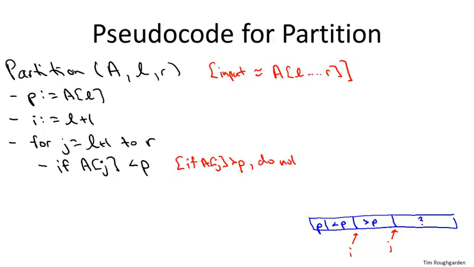And if it's not, we actually don't have to do anything. So let me just put as a comment, if the new element is bigger than the pivot, we do nothing. Of course, at the end of the for loop, the value of J will get incremented. That's the only thing that changes from iteration to iteration when we're sucking up new elements that happen to be bigger than P.